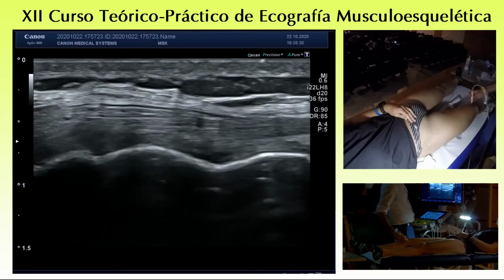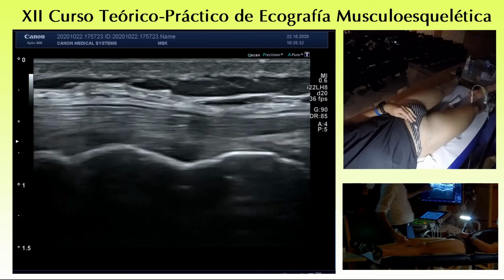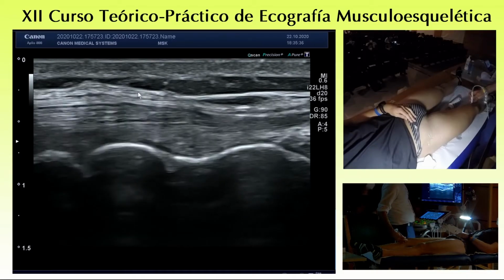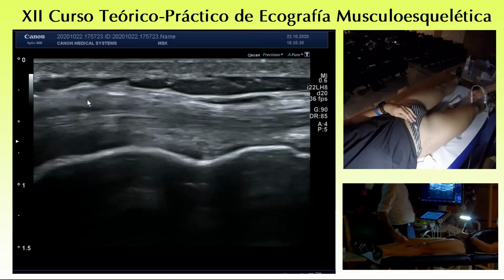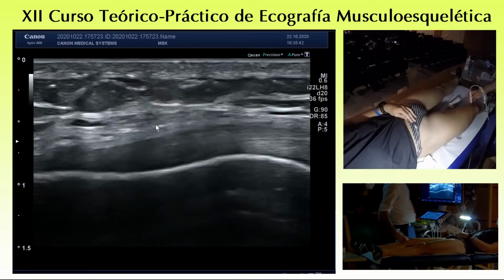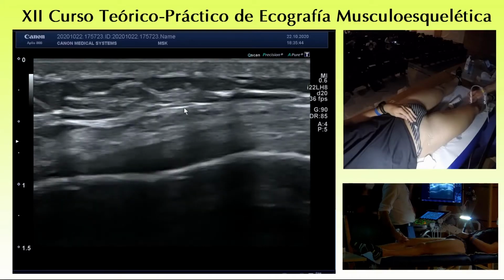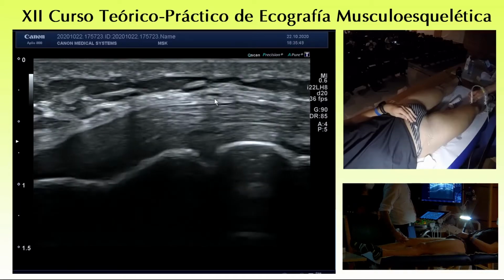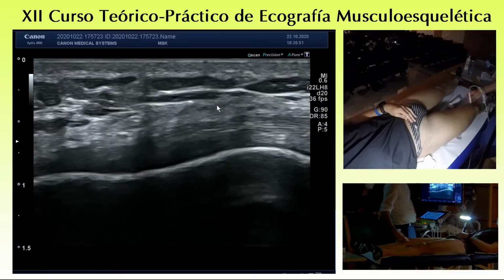If we move up, we see that there are some fascicles just here, and this is clinically relevant. This is a branch of the saphenous nerve that is clinically relevant because it could be entrapped or damaged when you have a knee surgery. Okay, this branch, this is a good landmark to look for it.